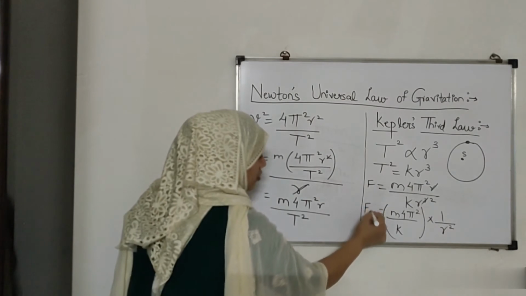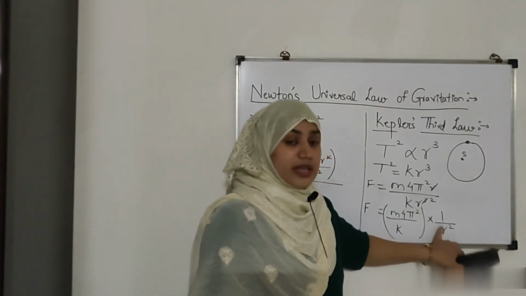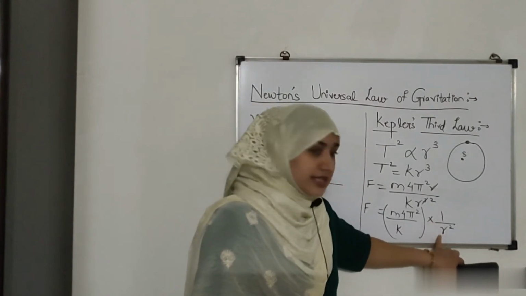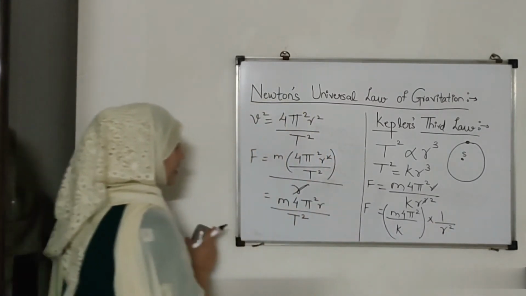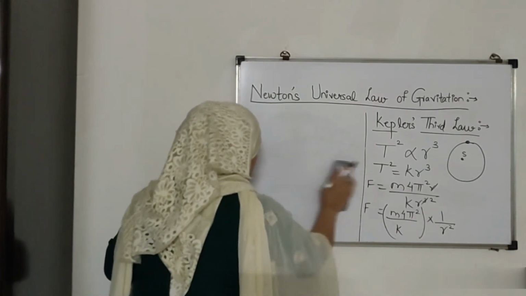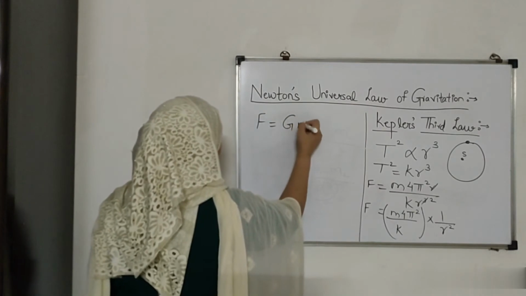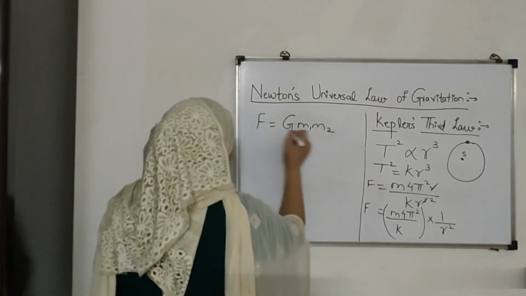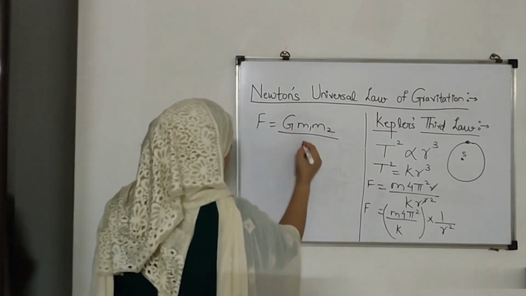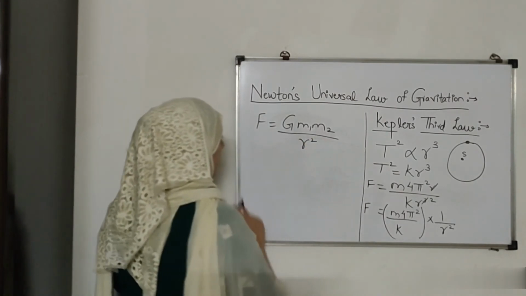So the force is inversely proportional to the distance square. From there Newton concluded that the force of gravitation between two particles is directly proportional to the product of their masses m1 m2 and inversely proportional to the distance square. I can take r or d, anything.